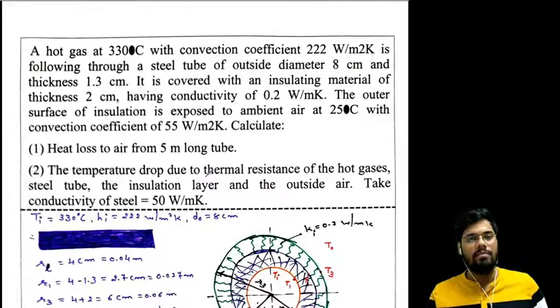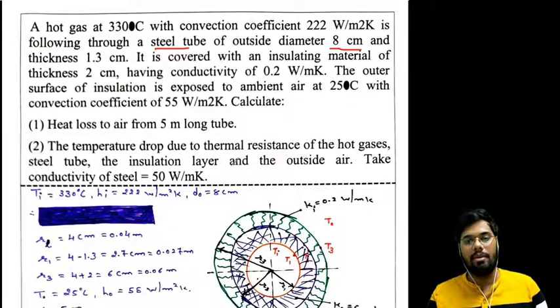A hot gas at 330 degrees Celsius with convection coefficient 222 watt per meter square Kelvin is flowing through a steel tube of outside diameter 8 centimeter. So here it's a steel tube, which is our cylinder, whose outside diameter is 8 centimeter and thickness is 1.3 centimeter.